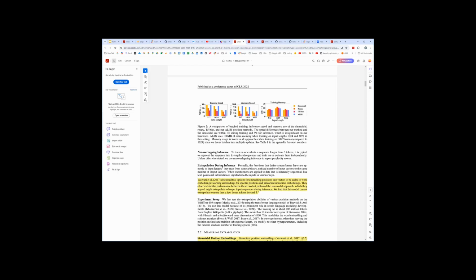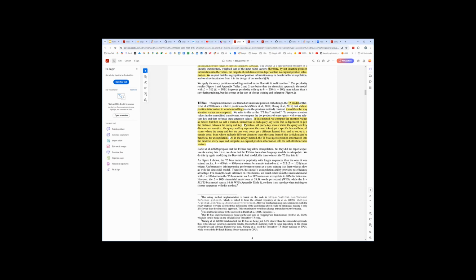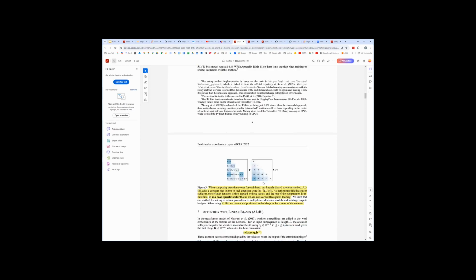I couldn't quite understand why that would be, except that in the case of T5, it looks like T5 learns a bias based on position to be added. So it's the same thing as this guy, but instead of being just constants with a scalar that we pick, it was learning the values that you had to add into here.